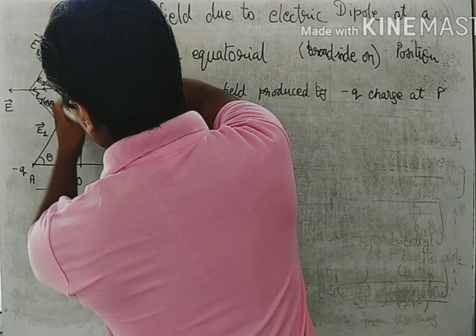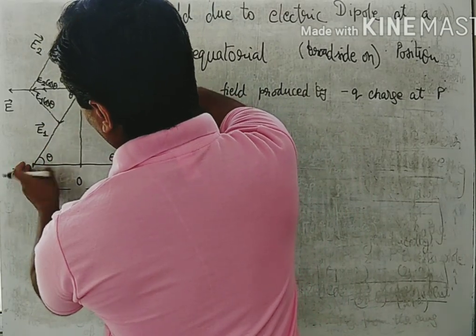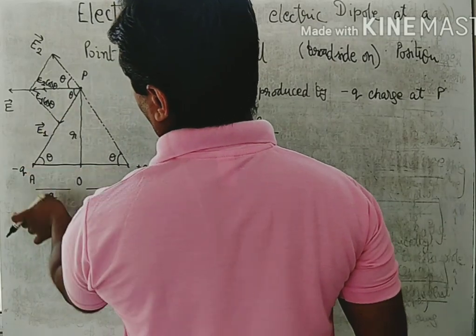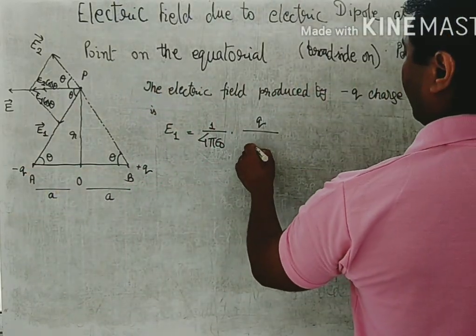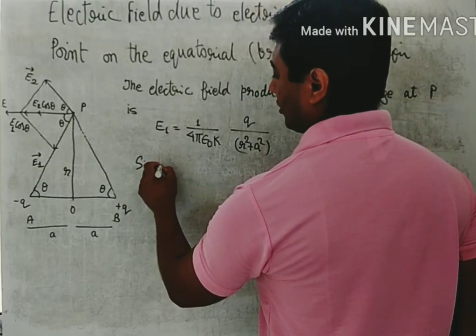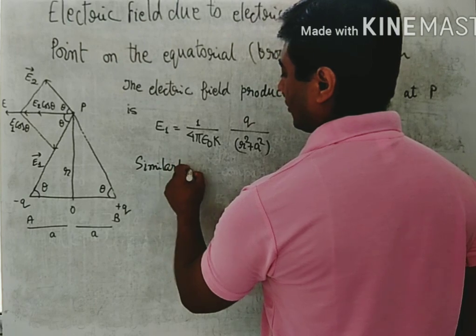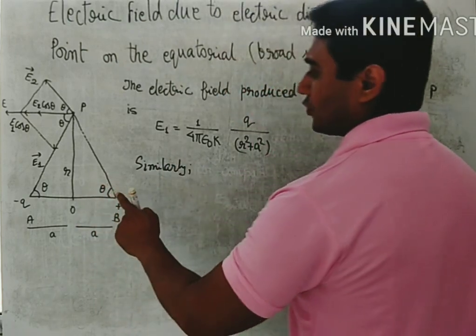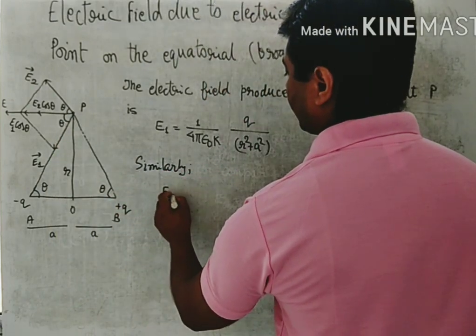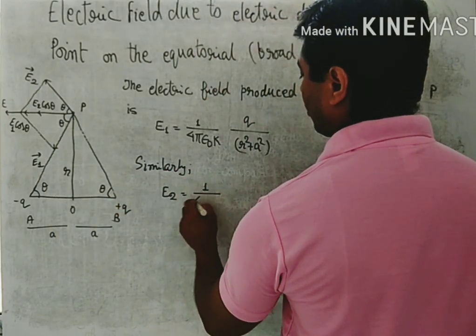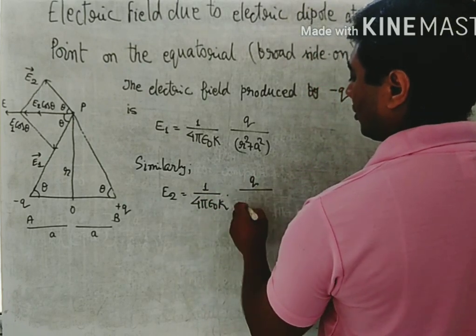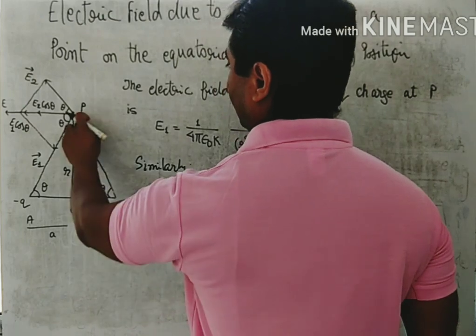Now what's the distance? Taking this right angle triangle, this is the hypotenuse, so this distance we are taking R. So under root R square plus A square. So here we write R square plus A square, and similarly the electric field produced by this positive charge at point P, that's E2, we can write 1 upon 4 pi epsilon naught K Q upon, again this distance square, BP.